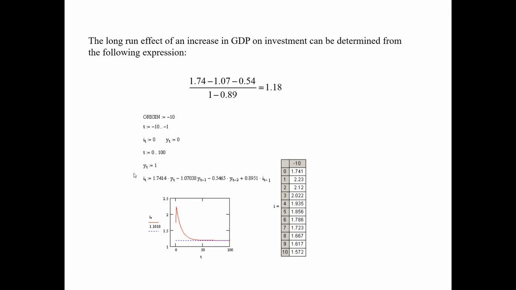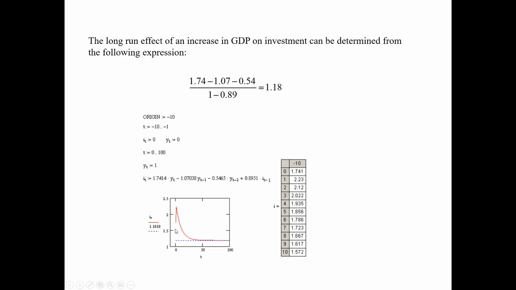Basically, this is going to show us how we approach this long run relationship that we've derived up here. If we work it through numerically, these are the results here. We get an impact effect of 1.7, then that rises in the first period afterwards to 2.23, and then it starts to decline, and it takes a long time to approach the equilibrium.